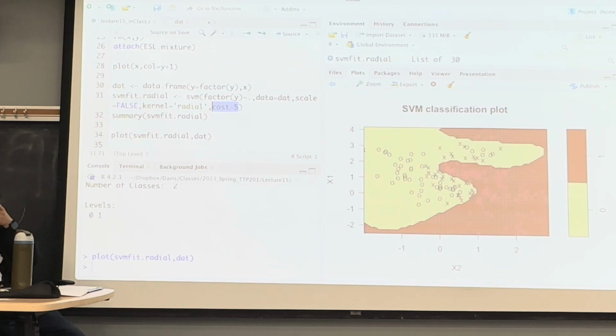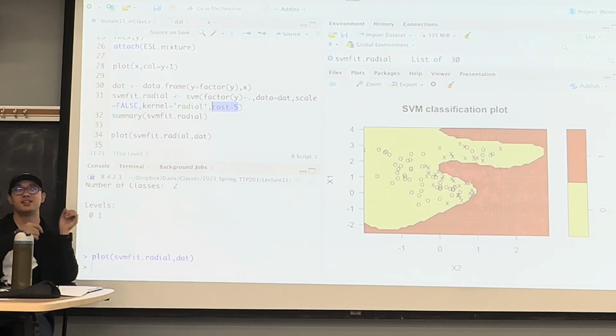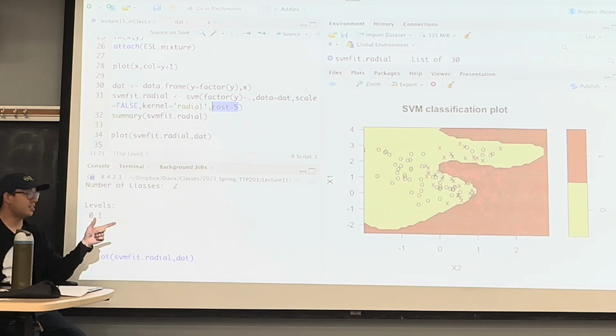Did you have a question? We're trying to minimize the number of violations here, right? No. So you set a tuning parameter that will tell it, okay, you have some budget for violations, but the thing that it's actually optimizing is not trying to reduce the number of violations, it's trying to make it so that the support vectors are as large as possible.